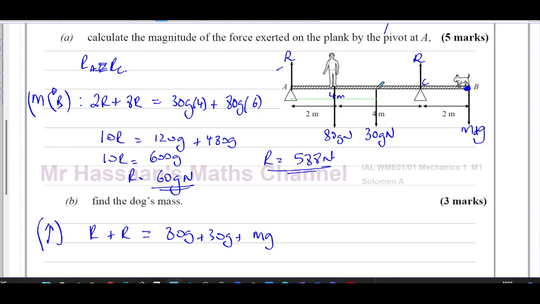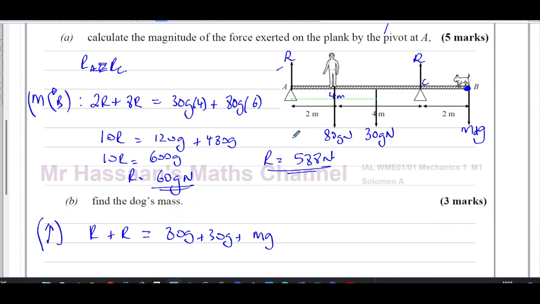That's the weight acting on the plank. The weight of the man, you can think of this as a reaction force of the man on the plank. You can think of it like that, right? And same with this for the dog. That's how you can think of the weights in this case.